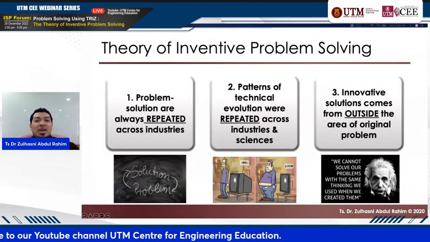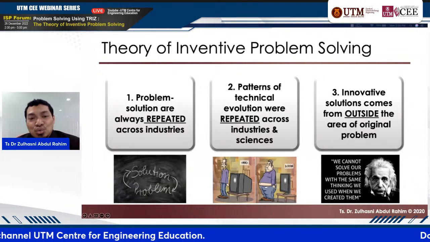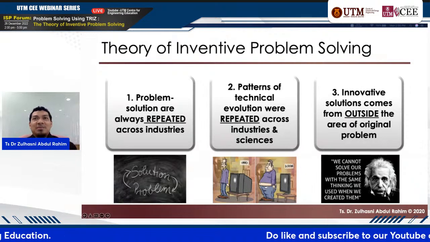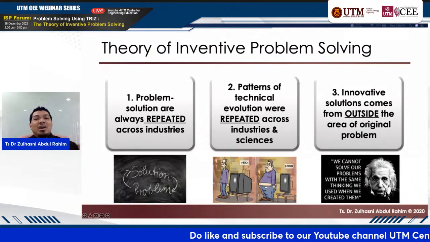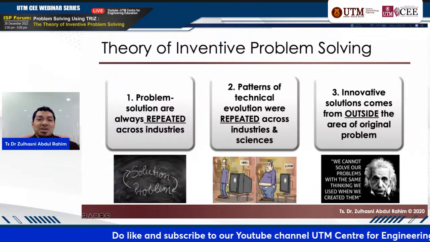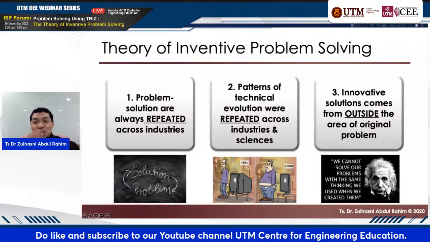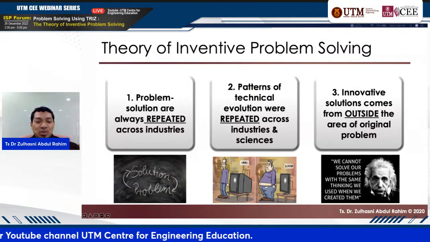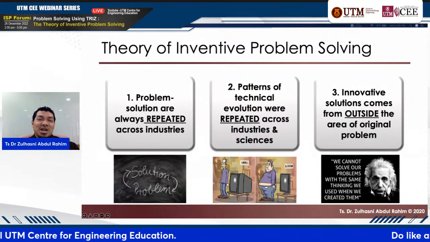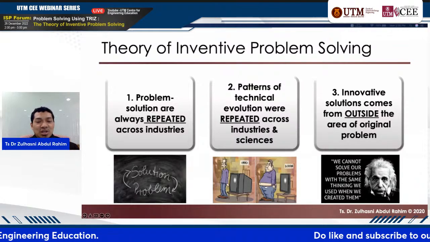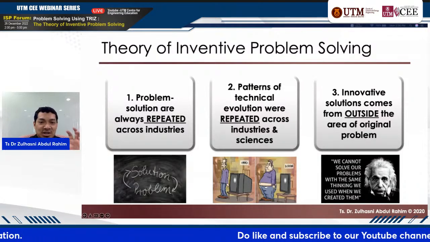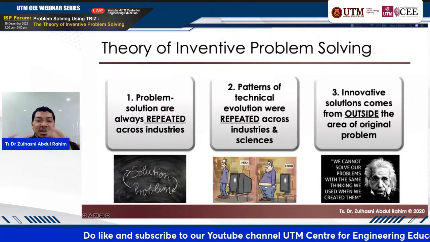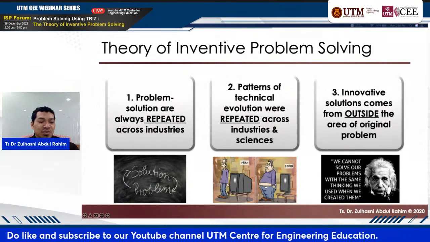And for number two, the technology: we have a historical record of how technology changes. So if we have a new product that we want to improve to another level, we will use this kind of technology pattern and try to predict what is happening in the future.